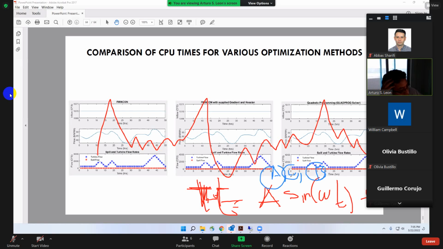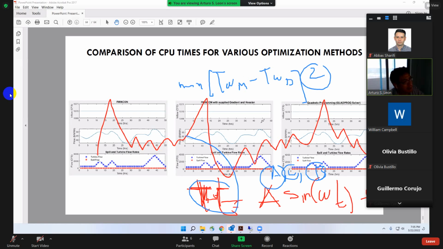Then what you do is, again, you minimize the difference between the tailwater from your model and the tailwater of the data. It's kind of a least squares too. You can use least squares. So this is a kind of calibration.